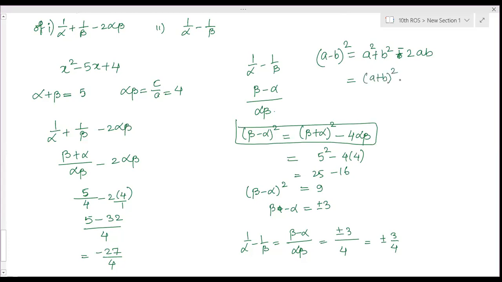And this already has a minus 2ab there. So this will become a plus b whole square minus 4ab. Okay, ma'am.